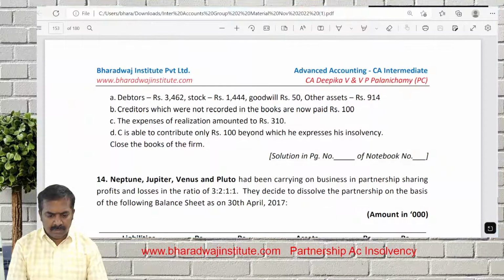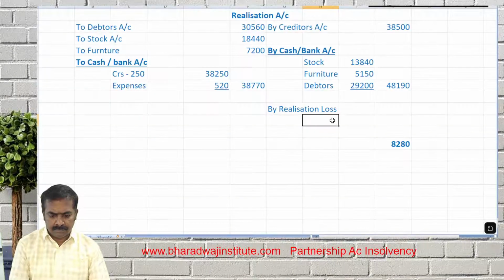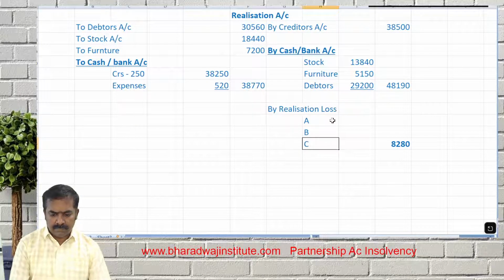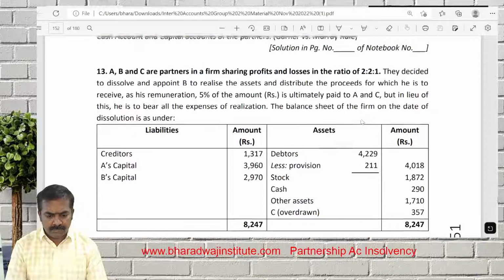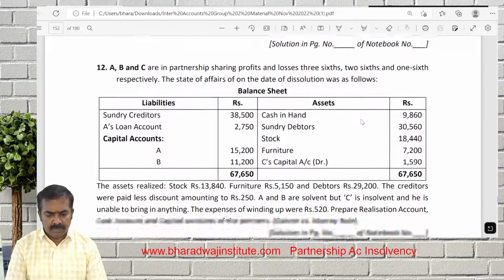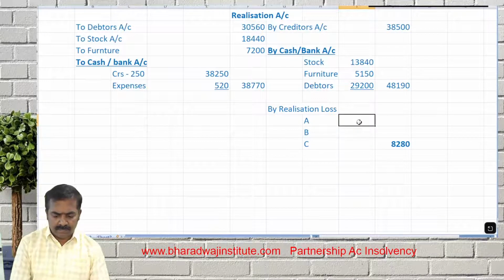Who are the partners? Amount in a ratio 3:2:1.